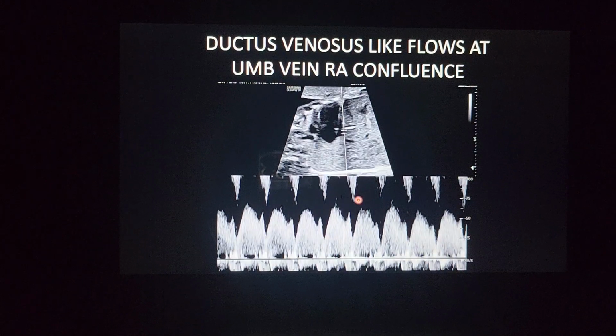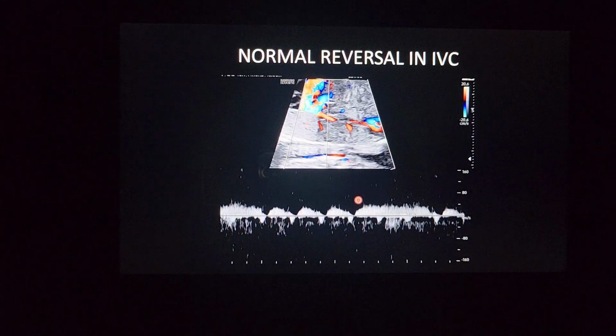When we look at the Dopplers, however, there is a classical ductus venosus type of flow at the place where the umbilical vein joins the right atrium. So this is a classification where there is a ductus venosus to systemic shunt, and here we have an umbilical vein RA shunt through an abnormal ductus venosus.